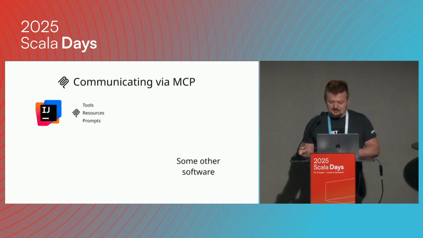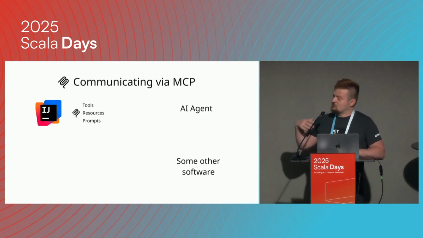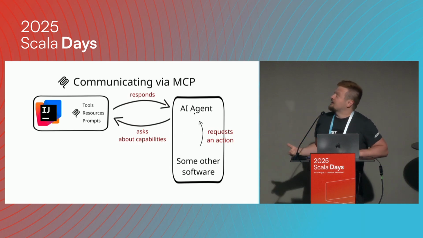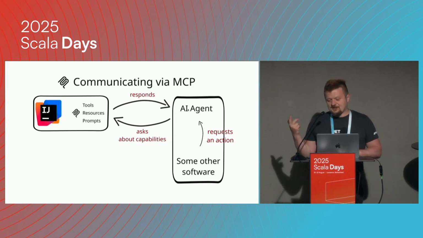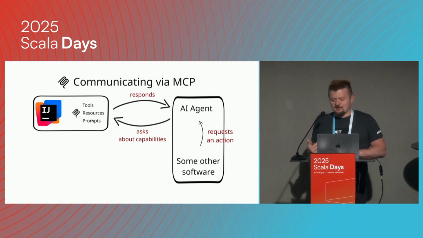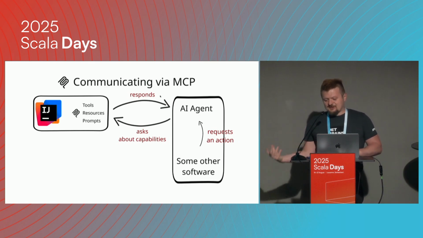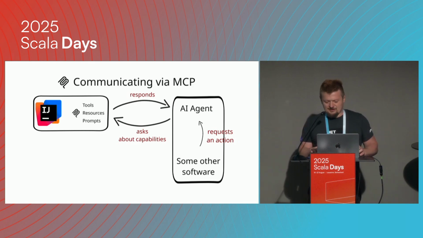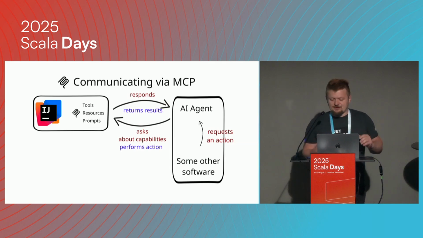Then some other software, which is connected to an AI agent, can request that the AI agent performs some action. That AI agent then asks about the capabilities of IntelliJ IDEA through that Model Context Protocol. Then it gets a response with the description of what IntelliJ IDEA can do for that AI agent, and then it can perform that action and get the result.